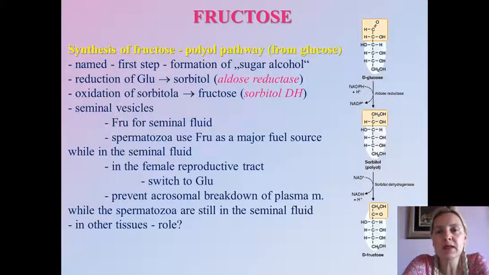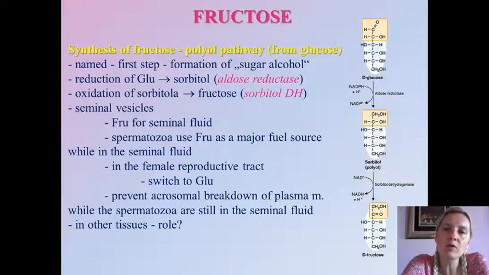In order to explain this, I have to tell you that spermatozoa use fructose as a major fuel source while in seminal fluid because it's the slow energy, it's low affinity energy, and it is enough just to maintain the status quo. But in the female reproductive tract, spermatozoa actually switch to glucose, which is like a turbo fuel, and increases the synthesis of ATP molecules.